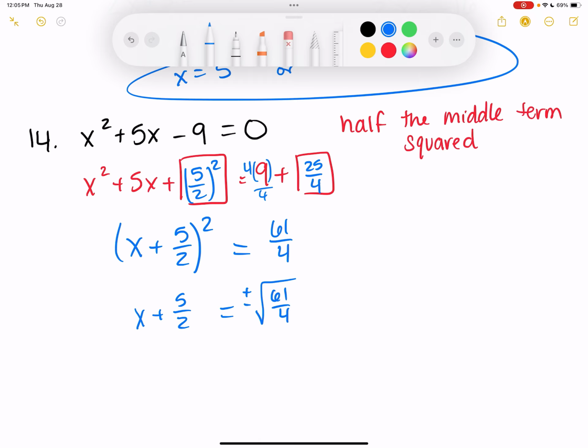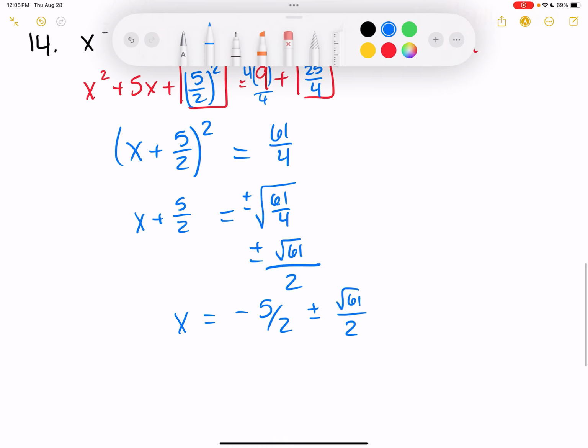Well, what's the square root of 4? 2. Is there a square root of 61? That's like a perfect square? No, so I'm going to write this as plus or minus the square root of 61 over 2, like that. And then I just need to move the 5 halves over. So x is equal to negative 5 halves plus or minus the square root of 61 over 2.